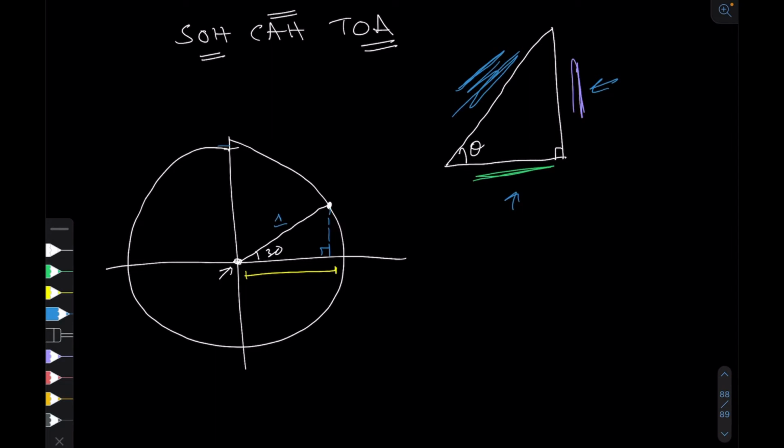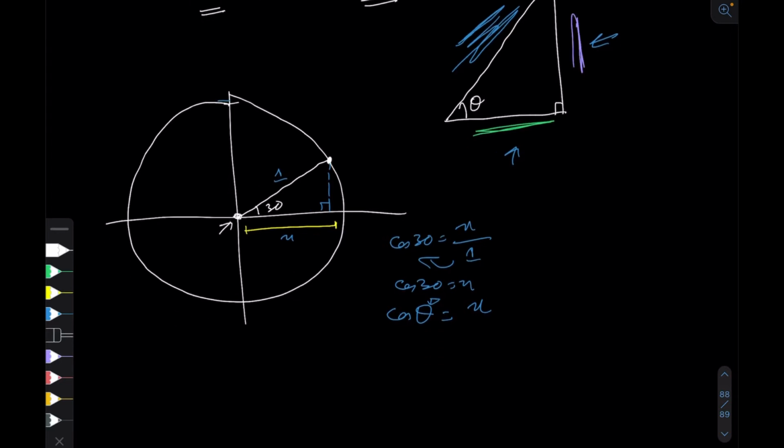So cos theta is adjacent over hypotenuse. So cos of 30 was adjacent, which is the x component I claim. X over 1, 1 just goes there and does nothing. So cos 30 is just x. And generally, for any theta you put in, cos theta will give you the x component of that point. And this is the significance of cos. This is what it means.